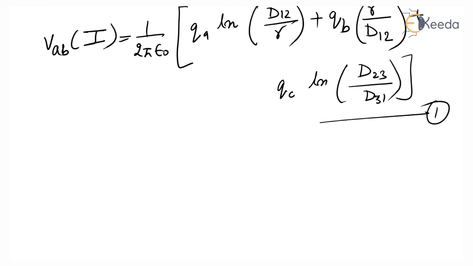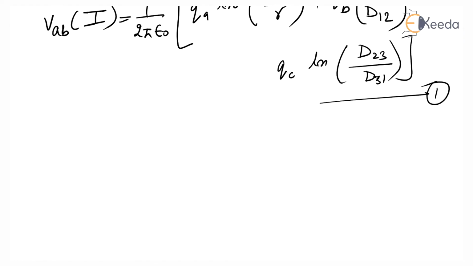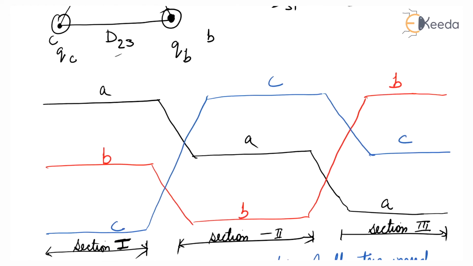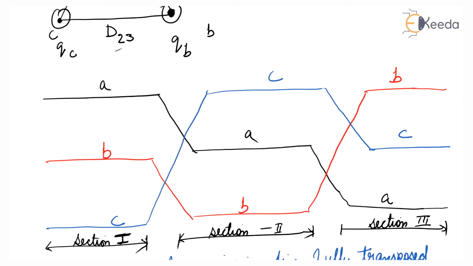Now similarly apply this generalized equation for the second transposition cycle. Second transposition cycle is CAB.